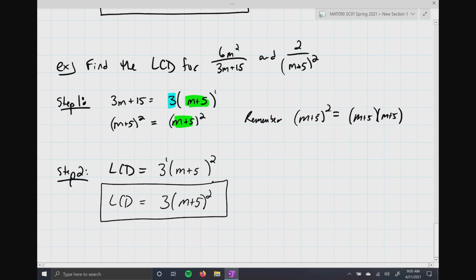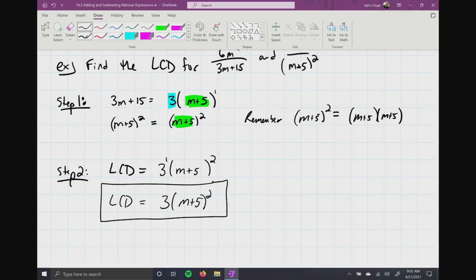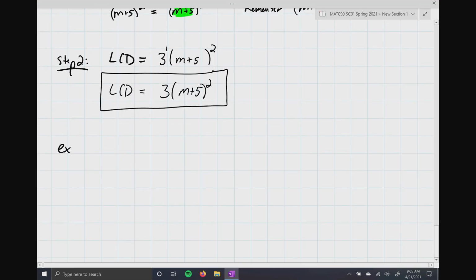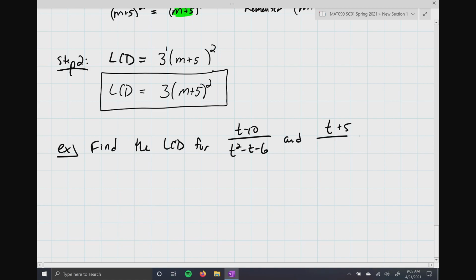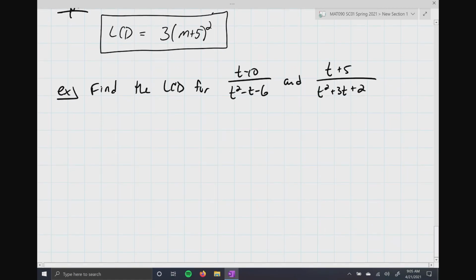All right. One more example for today. That's it. Find the LCD for t minus 10 over t squared minus t minus 6 and t plus 5 over t squared plus 3t plus 2. All right, process doesn't change.